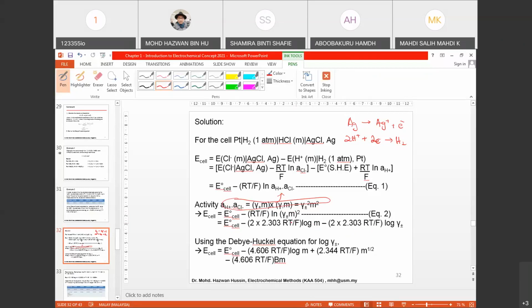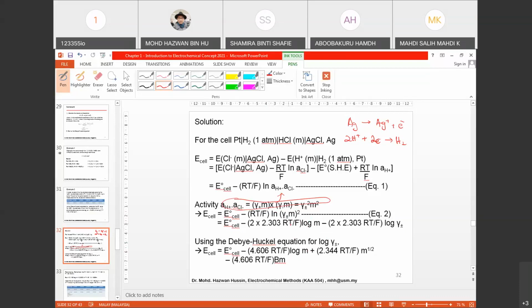The difference here is that I changed from ln into log, and this has a certain reason: I would like to relate it to the Debye equation. The Debye equation is best used in log representation, okay?